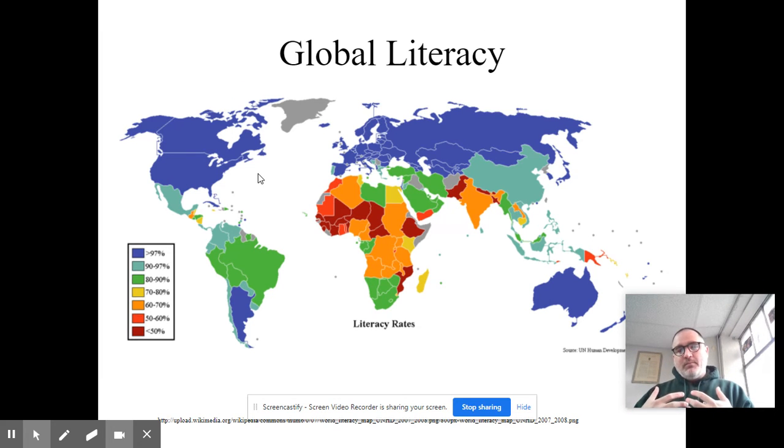And they are now the ones who are struggling to catch up. And there are a lot of conversations we can have about how globalization and colonization are linked here.